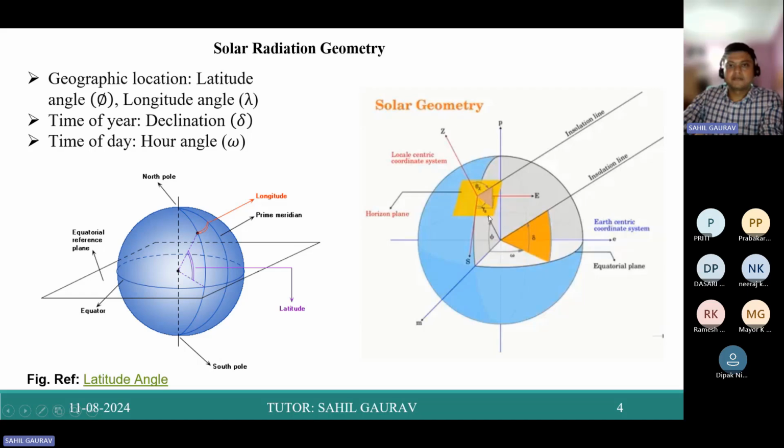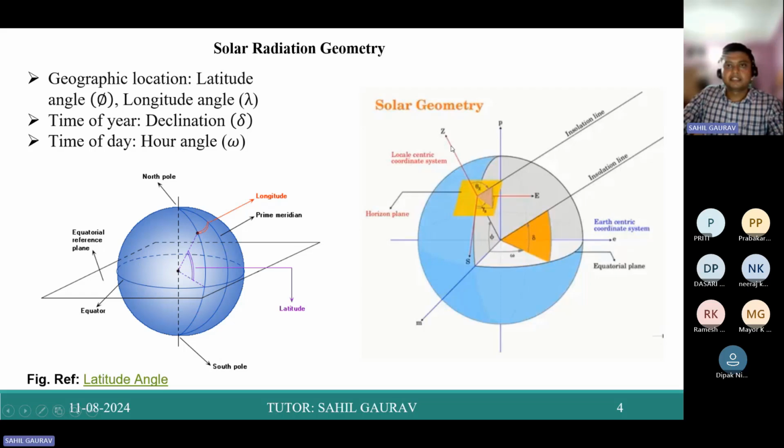Here, on the surface of the earth, we are considering the horizon plane, which is nothing but the horizontal plane through the eyes of the observer.